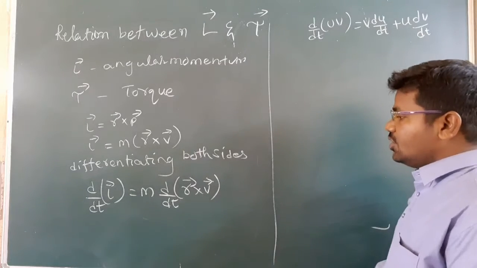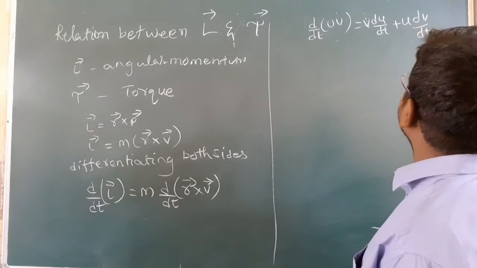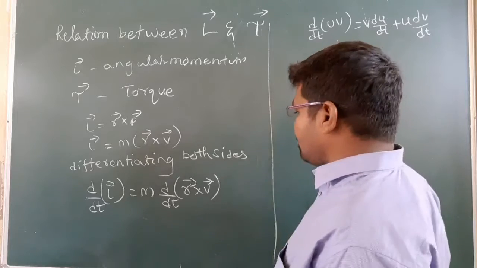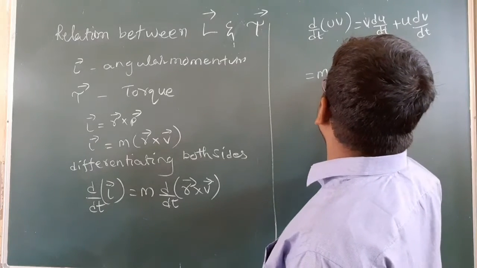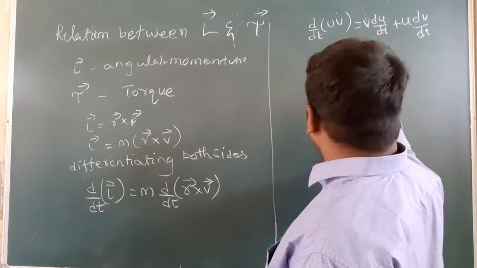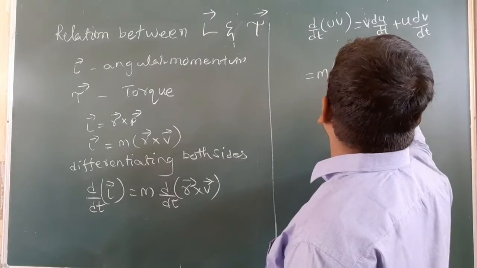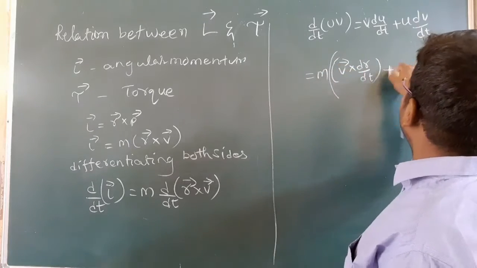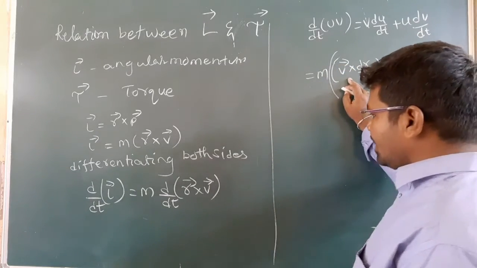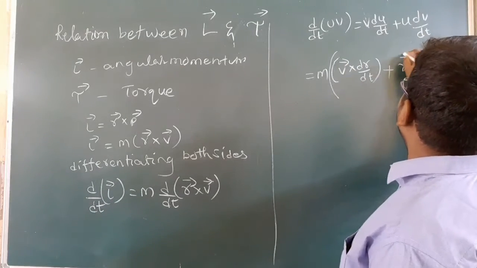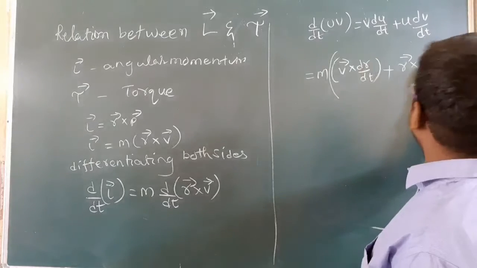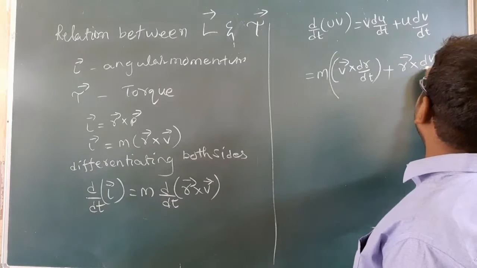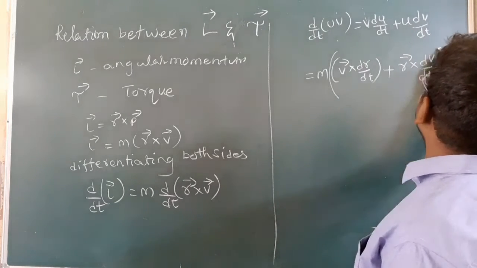Now m is common: m into v bar cross dr by dt plus r bar cross dv by dt.